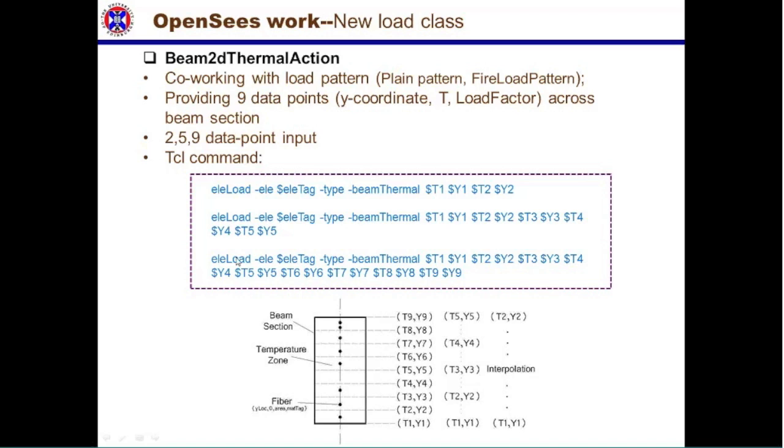The 9 data points allow us to build 8 temperature zones along the section, and for each temperature zone we get the temperature of the fibers, which depends on the location of the fiber, and we make the calculation.